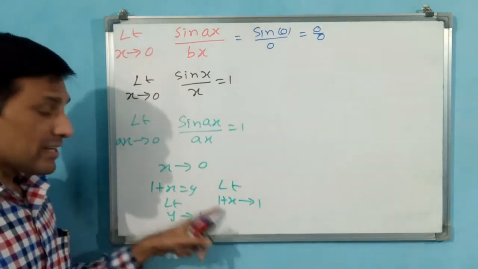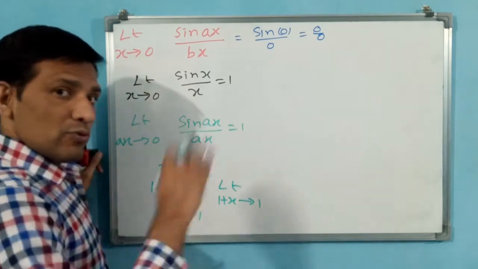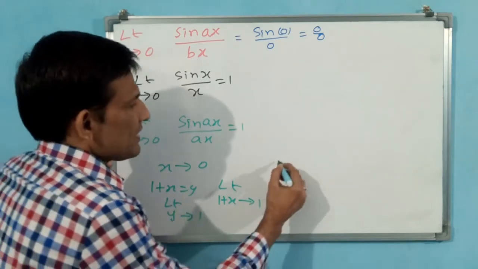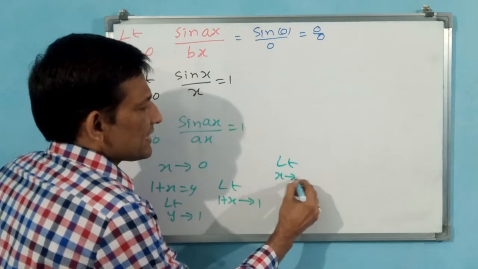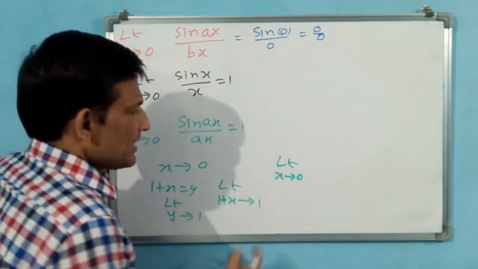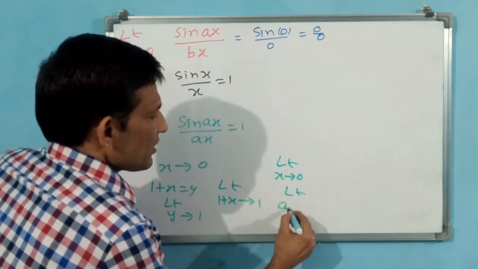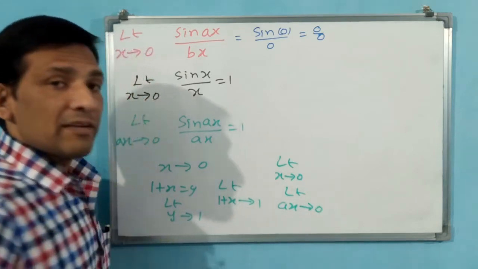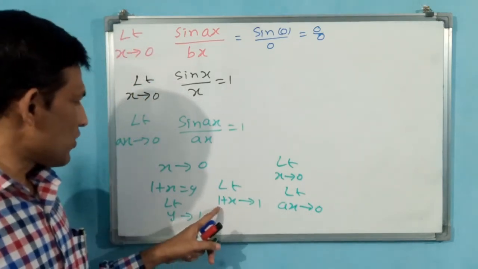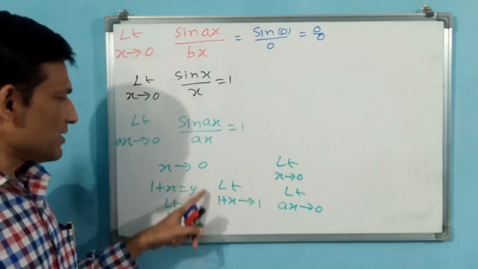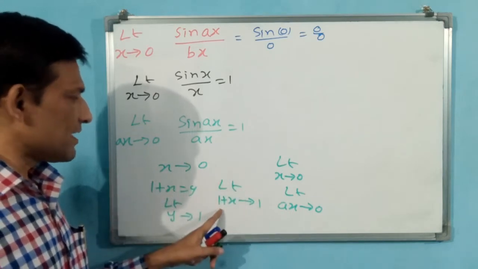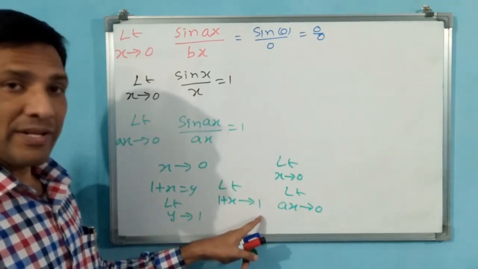Conversely, if limit x tends to 0, next time limit ax tends to 0 also you can take. Why? Because like how you have added 0 means 0 plus 1, both sides you have added. Here 1 plus x, here 0 plus 1.